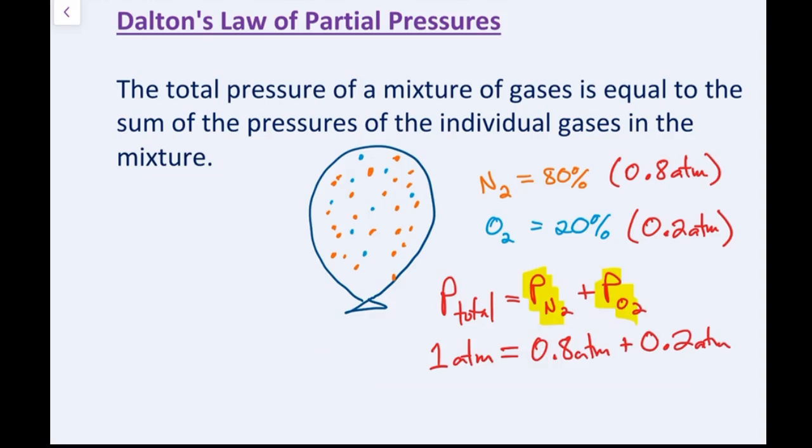So what does that have to do with the gas stoichiometry lab? Well, when you're trying to collect, so let's say this is our beaker with some water in there, and here's our little gas collection tube.